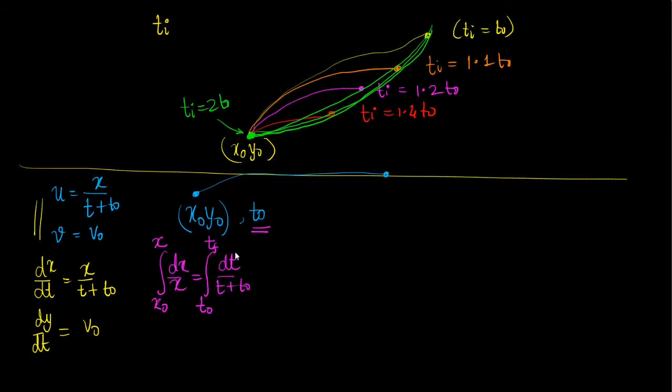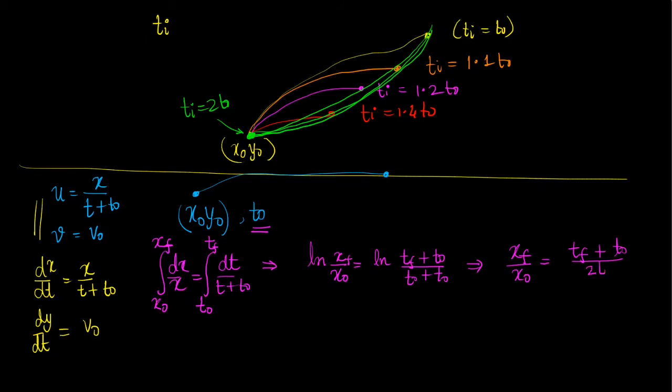So let me call it tf to signify the final time. So this integration will give us ln x upon x naught is equal to ln, so let me call this as xf, so it will be xf upon x naught is equal to ln tf plus t naught upon t naught plus t naught. This implies xf upon x naught is equal to tf plus t naught divided by 2 t naught.